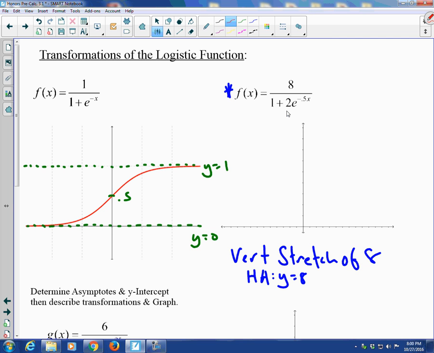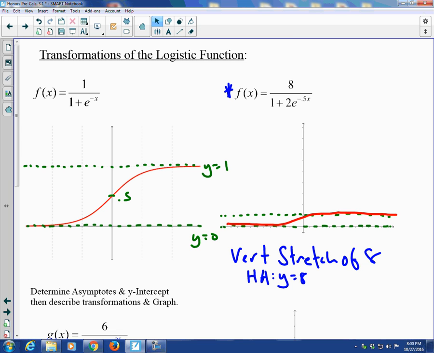So looking at our regular logistics function, we're going between the horizontal asymptote of 1 and the horizontal asymptote of 0. And we're looking something like this. Actually crossing more halfway between those two asymptotes.